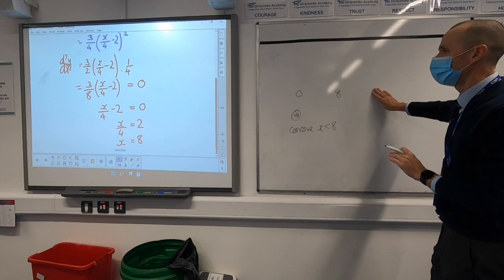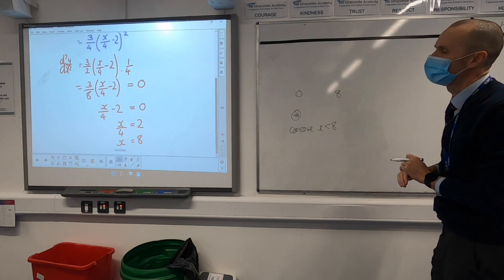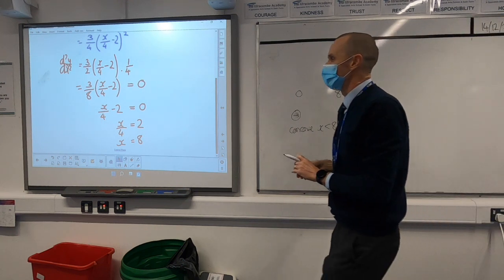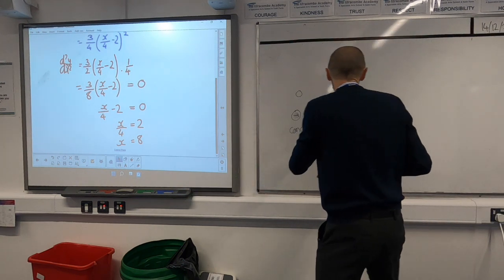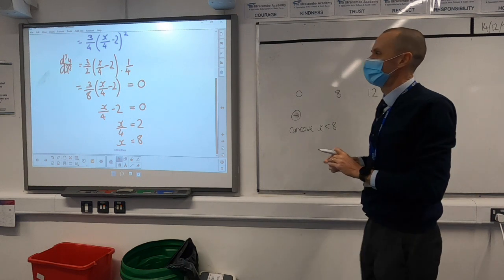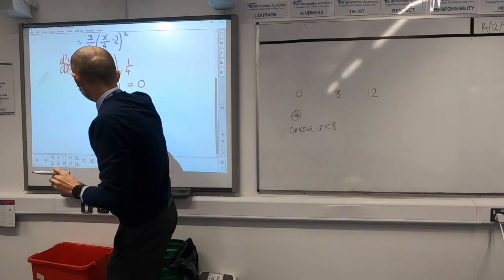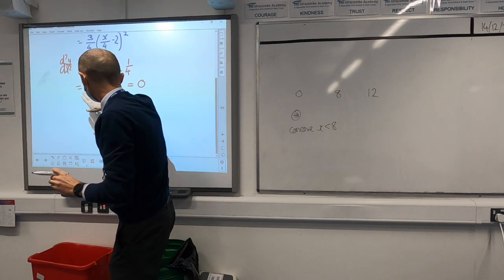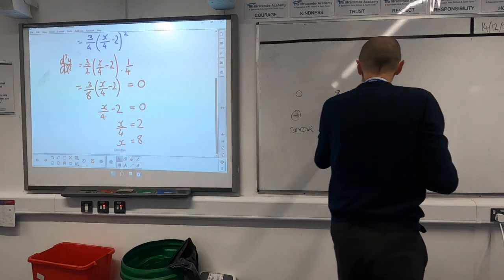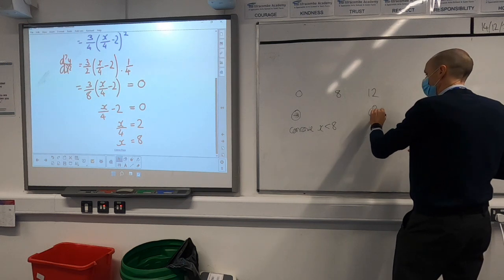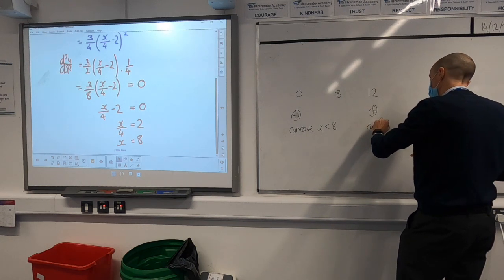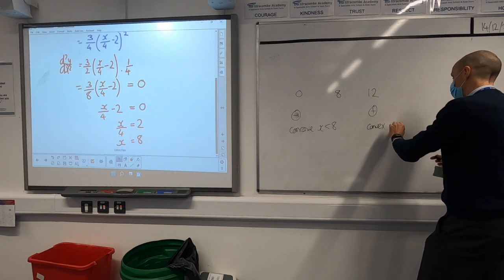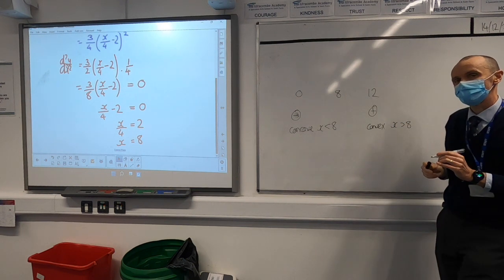And then I want to choose a value that's bigger than 8. I can use any value I want really, but if I use 12, then here I've got 12 divided by 4, which is 3. 3 take away 2, which is 1. 3/8 times that, that's positive. And that means it's convex everywhere after 8.